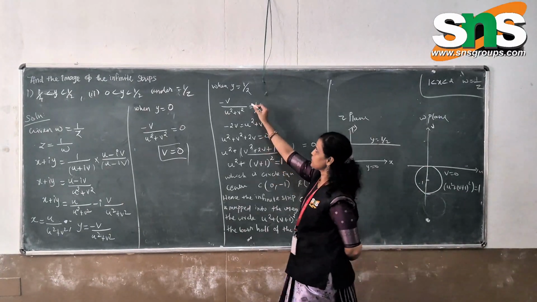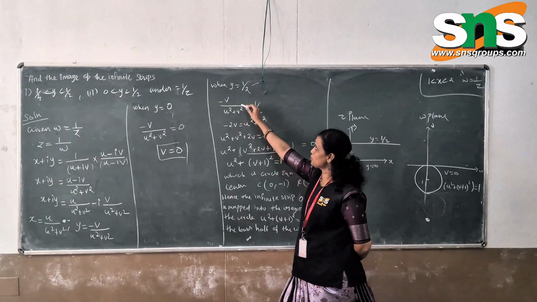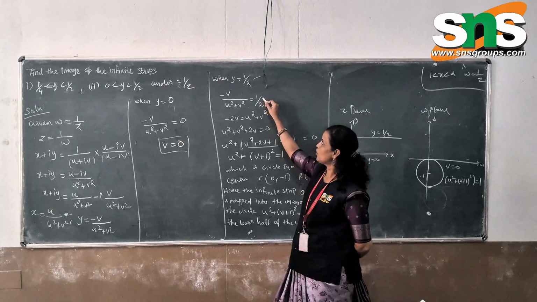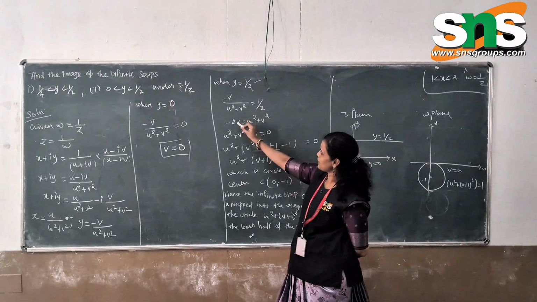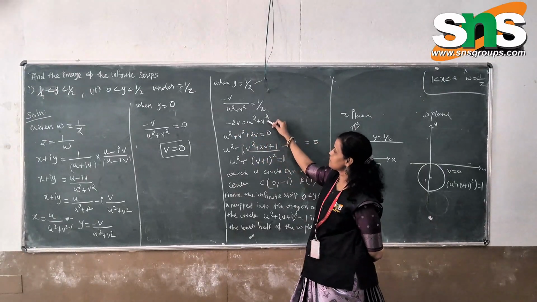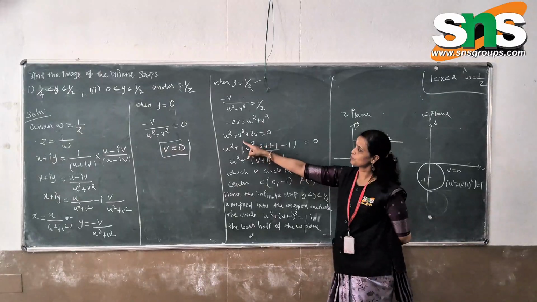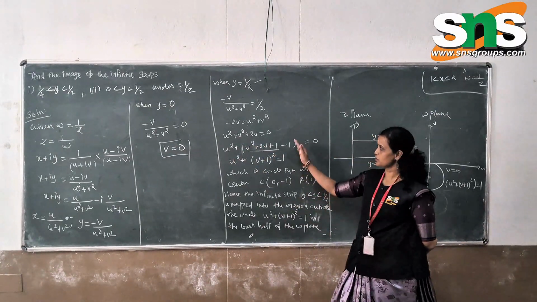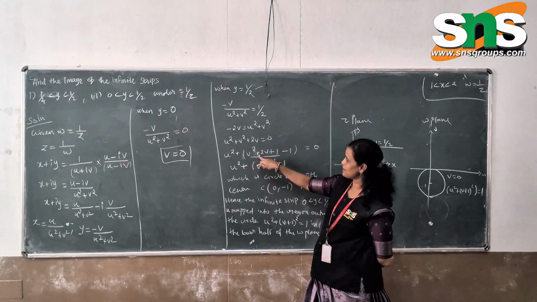Next, y = 1/2. Substitute the y value here: -v/(u² + v²) = 1/2. Now by cross multiplying, we have -2v = u² + v². Bring this -2v to the other side, so we get u² + v² + 2v = 0. Write u² as it is, plus v² + 2v.